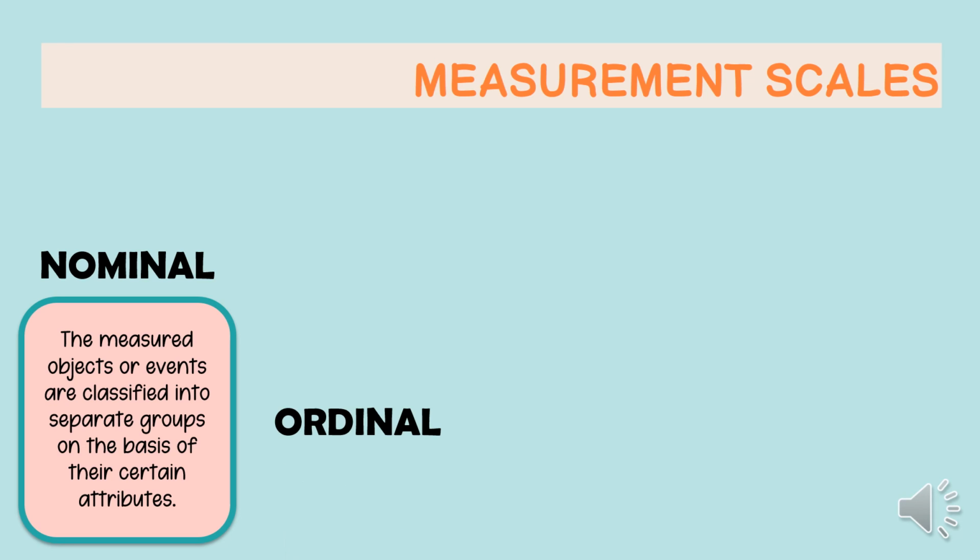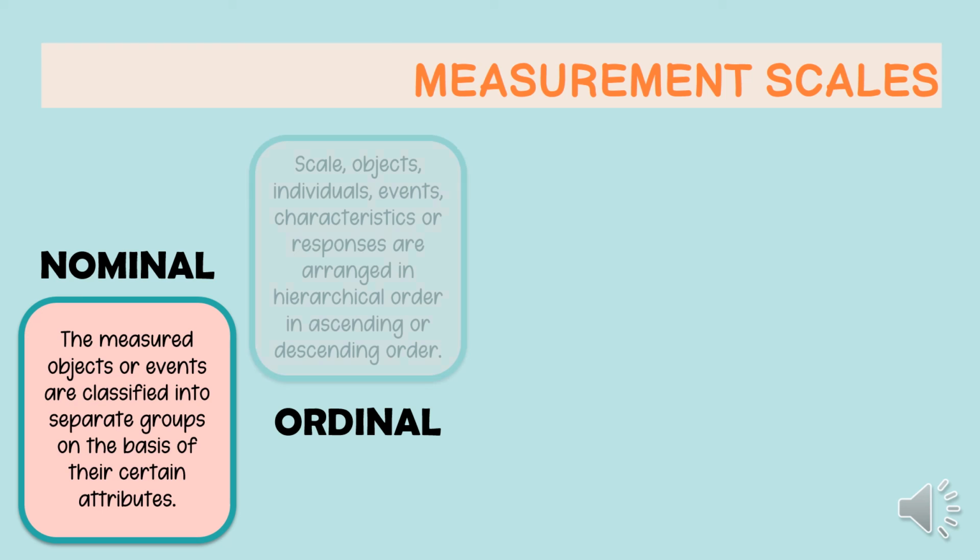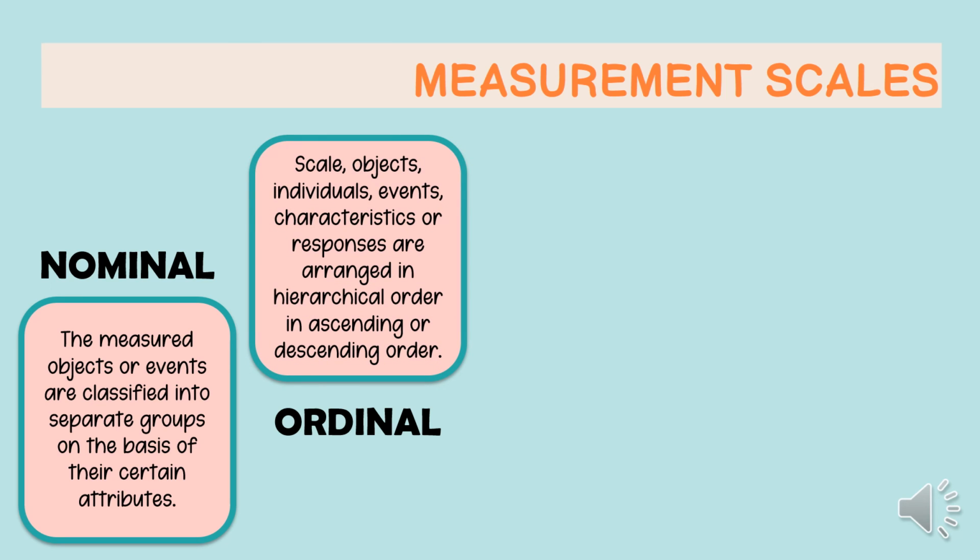We also have ordinal. In the arrangement of scales, the ordinal scale is put at the second place from down below. In this scale, objects, individuals, events, characteristics, or responses are arranged in hierarchical order in ascending or descending order depending on the basis of certain attributes.